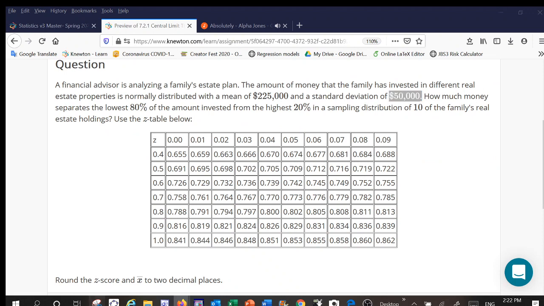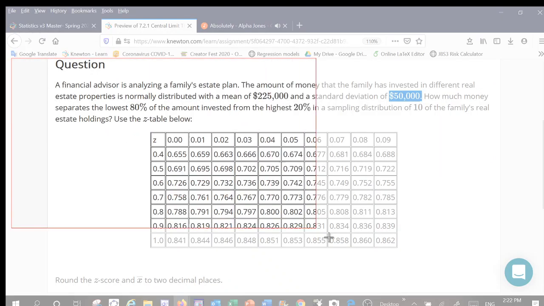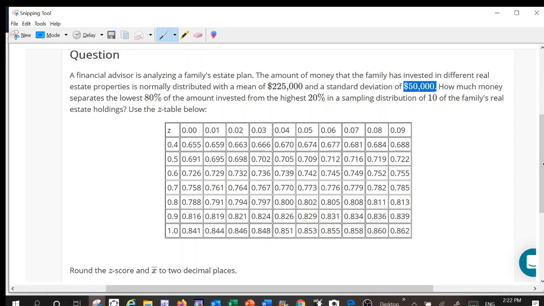let me get a whiteboard here so we can talk about it. So what we have here is the original distribution that has a mean of 225,000 and a standard deviation of 50,000.